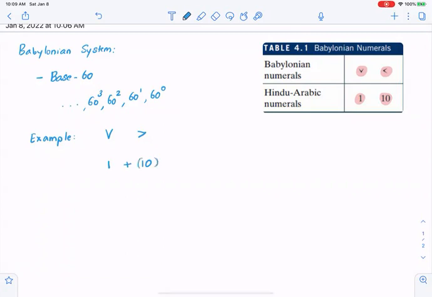So 10 times 60 raised 0, 1 times 60 raised 1. So that would give me 60 plus 10 times 60 raised 0, which is simply 1. 10 times 1 is 10. I get 70. So the number 70 is represented in the Babylonian system in that manner.